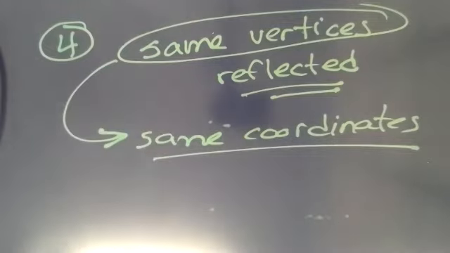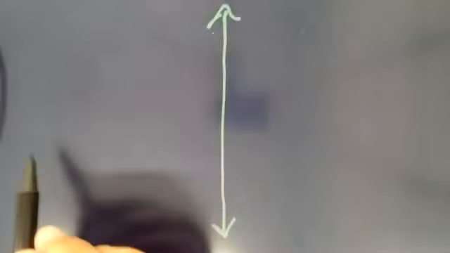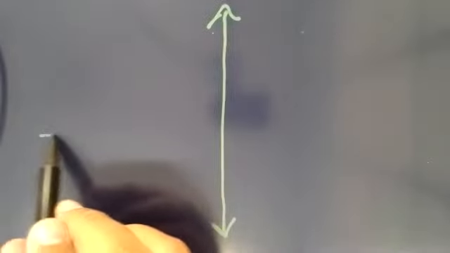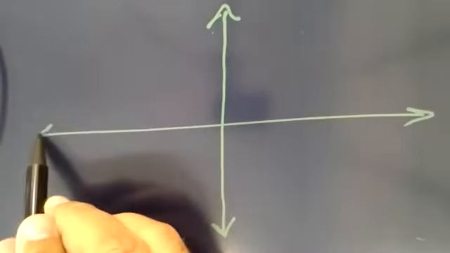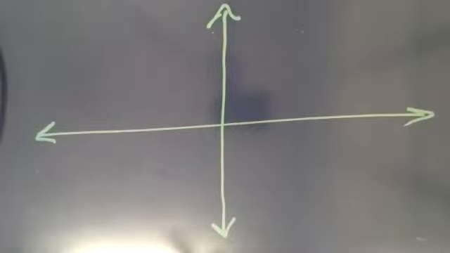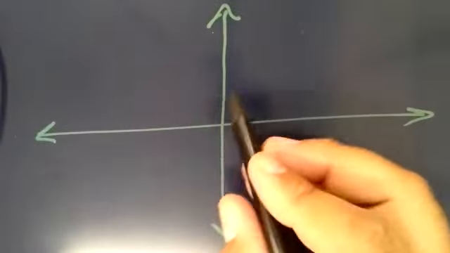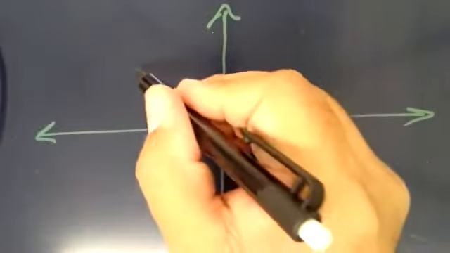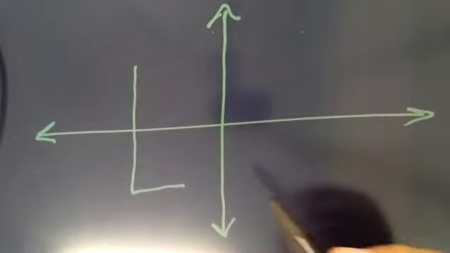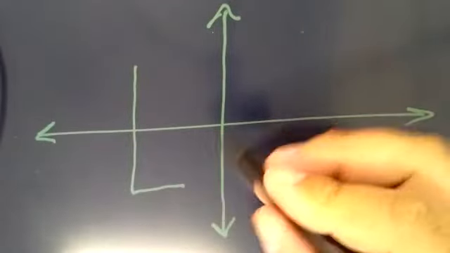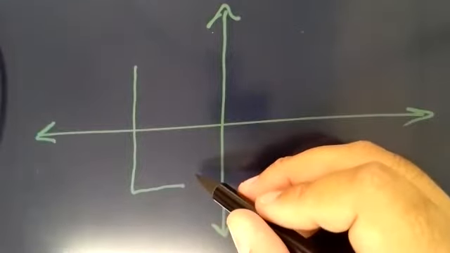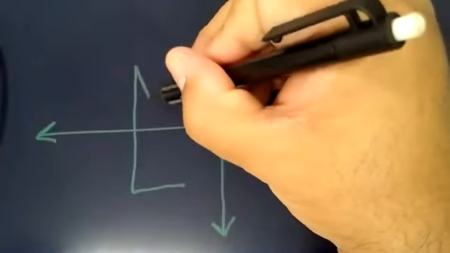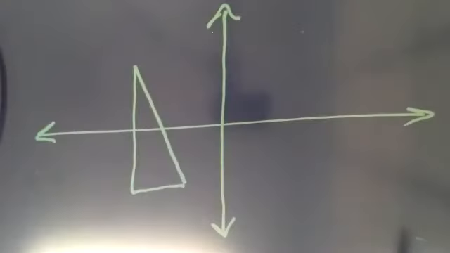So for instance, I'm going to give you an example. Ready? So let's say this is my y-axis, this is my x-axis, okay? And let's say I have a triangle, okay?